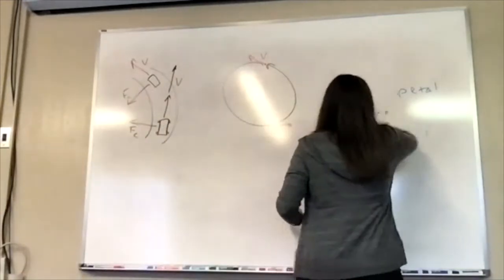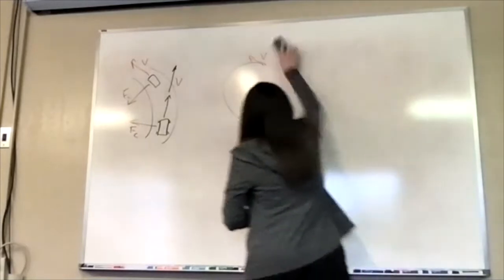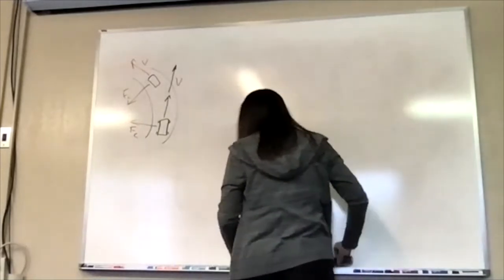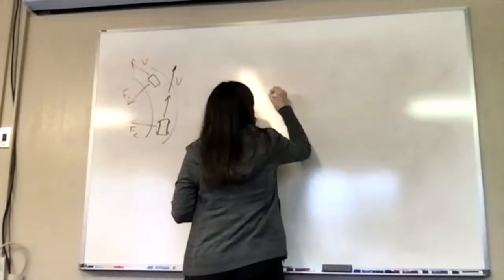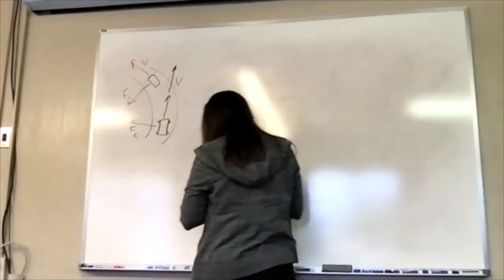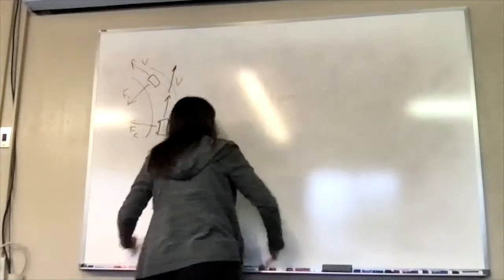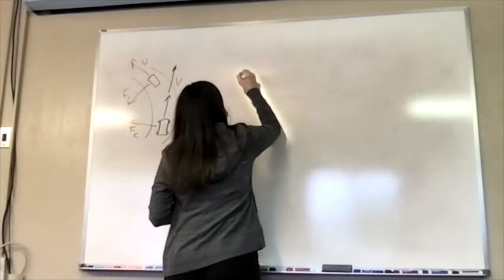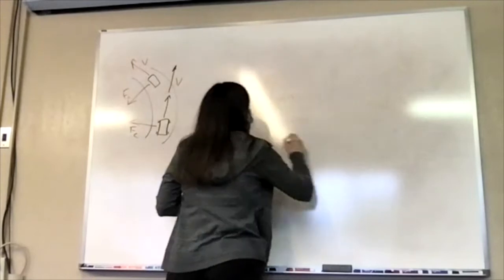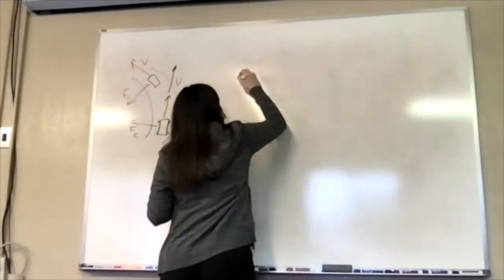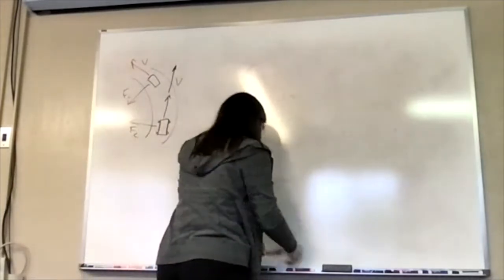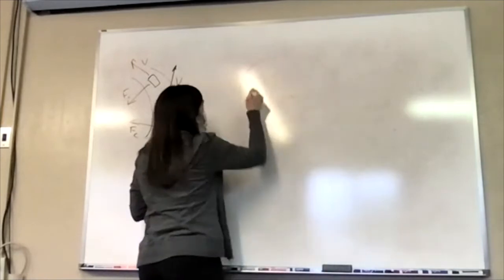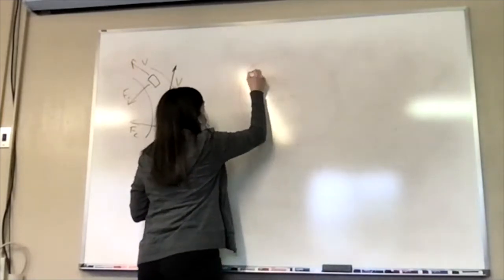Another example would be planets around the sun. The sun pulls planets to itself. So you have Mercury out here, orbiting around the sun. What keeps it in motion? Well, the sun is pulling it to itself.